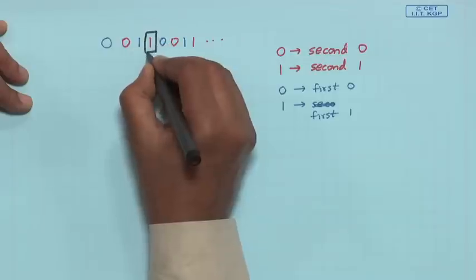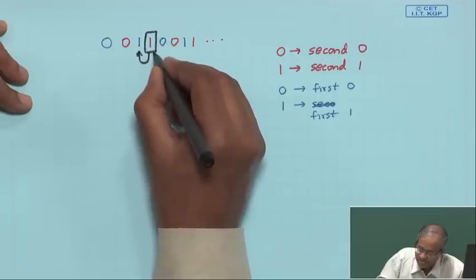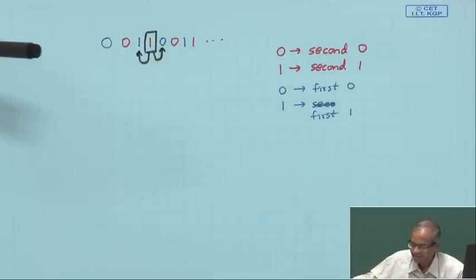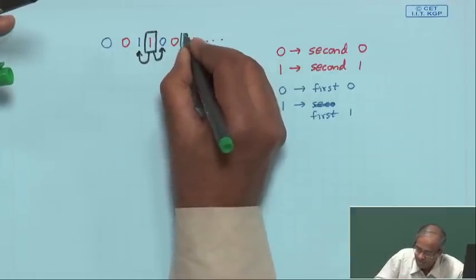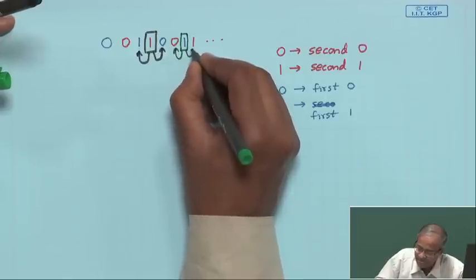Now you take any label. I take this red 1, its previous state is blue 1, next state is blue 0. You take another state, let us say blue 1. For blue 1, the previous state is red 0, next state is red 1.